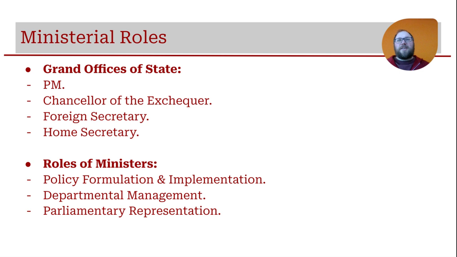Now, the executive. On one hand, the Prime Minister is technically first among equals. He is the leading, or she is the leading MP. But in reality, has significantly more power than that, particularly if, as we've seen, they have a large majority.